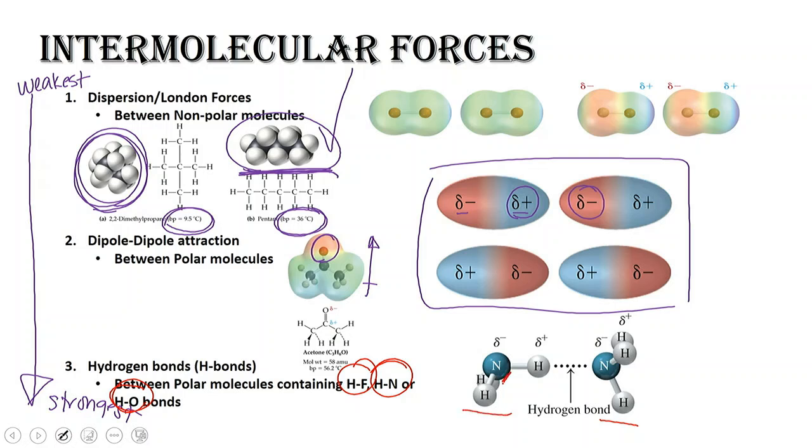Notice I've got a nitrogen bonded to a hydrogen. So the hydrogen of one molecule will be attracted to the nitrogen of the next molecule. And because this interaction is so strong, we call it a bond, right? So hydrogen bonds can only form between polar molecules that contain these hydrogen-nitrogen, hydrogen-fluorine, or hydrogen-oxygen bonds.